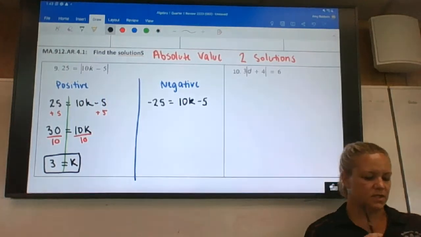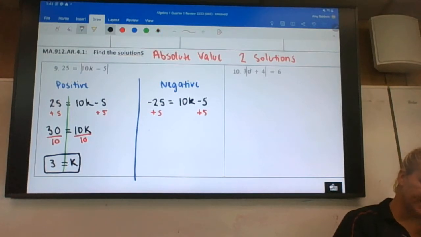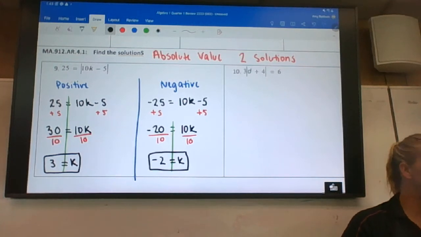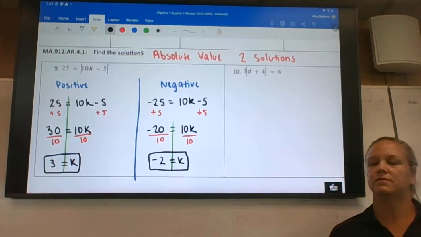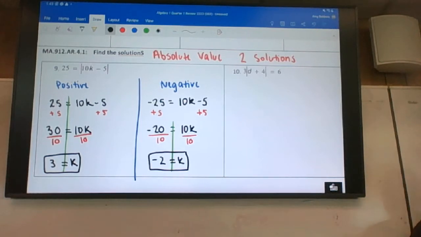And then I'll do it again over here. I'm going to plus 5, but now, since it was negative, I'll be at negative 20. Divide, and my other answer will be negative 2. So if you plug negative 2 in, it'll be a true equation. There's two different ways to get a true equation.